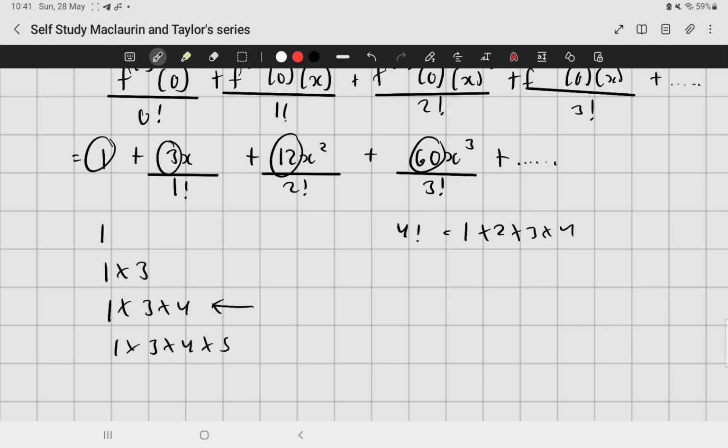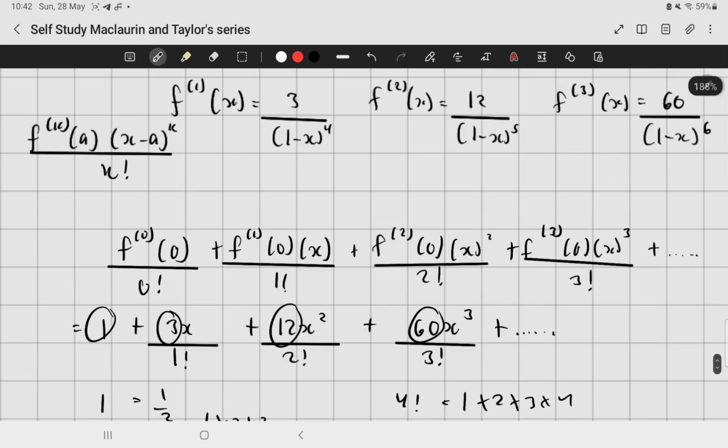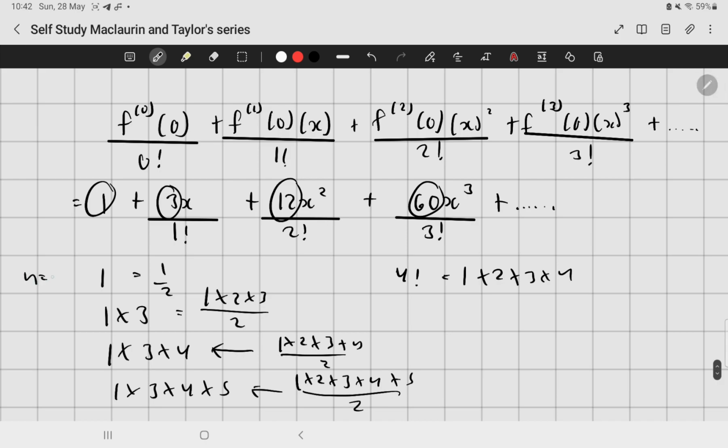So this is equivalent to 1 times 2 times 3 divided by 2, 1 times 2 times 3 times 4 divided by 2, and 1 times 2 times 3 times 4 times 5 divided by 2, and so on. So this is 1 over 2, for n equal to 0, n equal to 1, n equal to 2, n equal to 3, and so on.